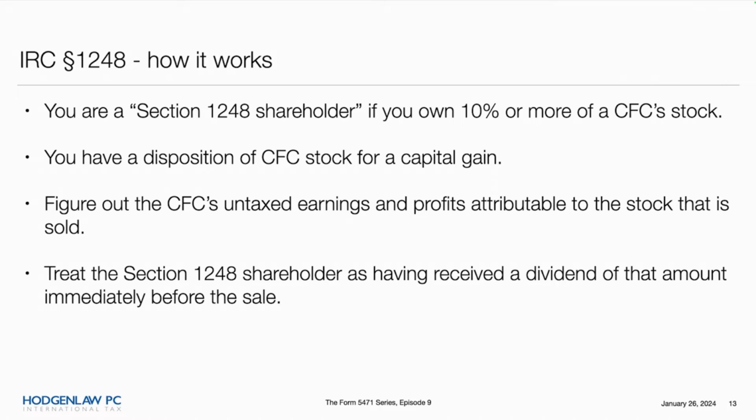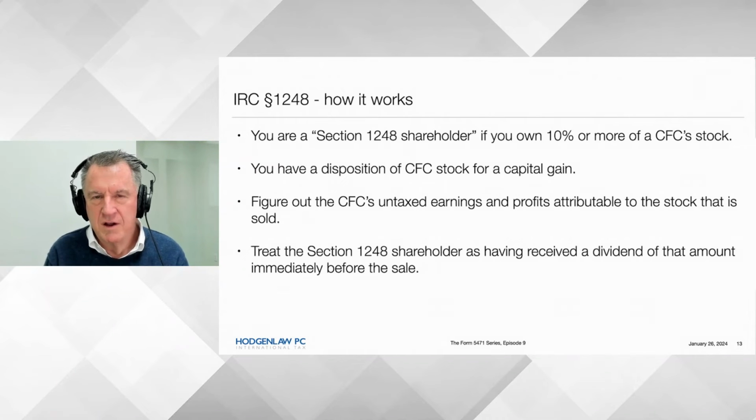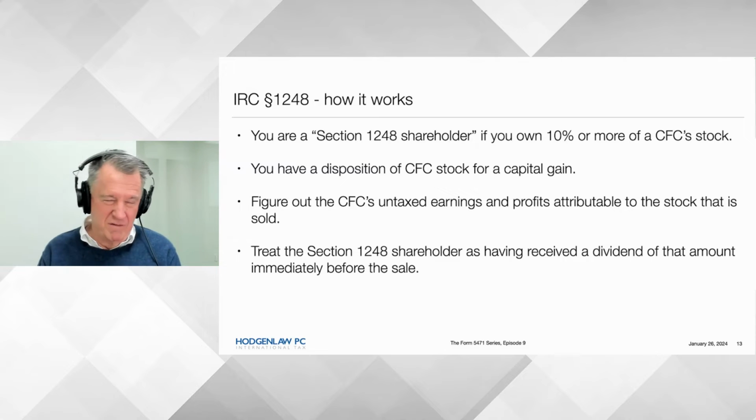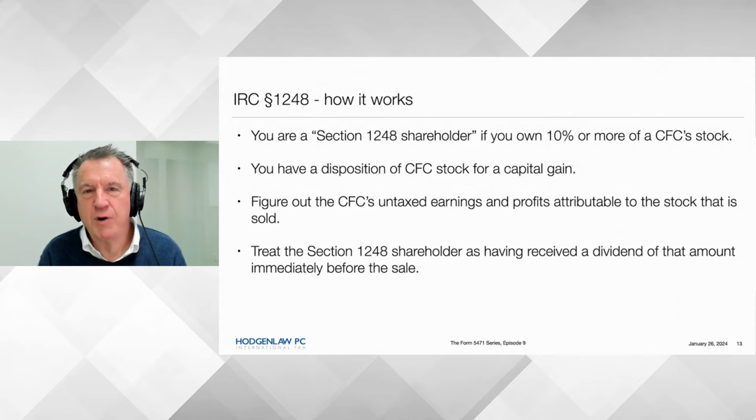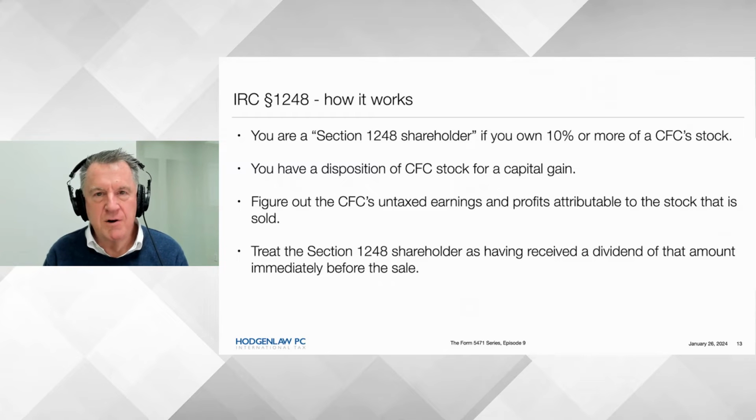The dividend will either come out as an ordinary dividend or a qualified dividend, depending on whether there's a treaty that allows you to treat the dividend as a qualified dividend. Obviously, if you have an individual shareholder and it comes out as a qualified dividend, taxed at the same rate as capital gains, who cares, right?